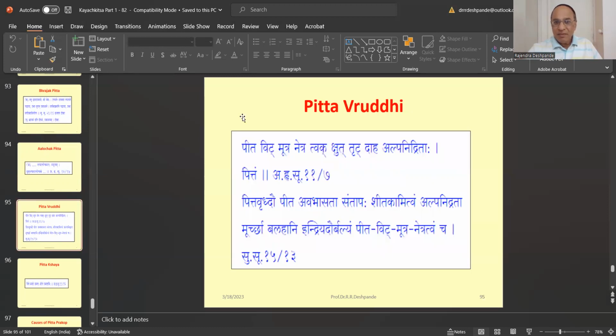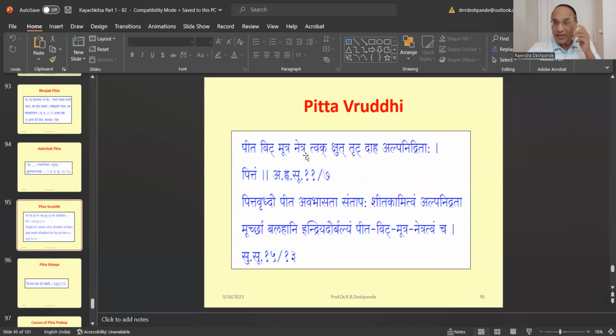Pitta Vruddhi. Pitta Vinmutra Netratva Kshitrut Daha Alpanidrata. When Pitta is in a pathological condition, the yellow color is predominant, especially in infective hepatitis, jaundice. So yellow color of the stools and the mutra, high colored urine, is a typical feature of infective hepatitis or jaundice.